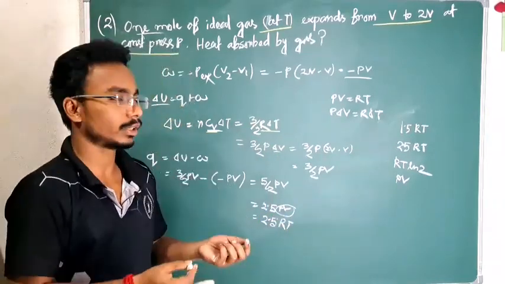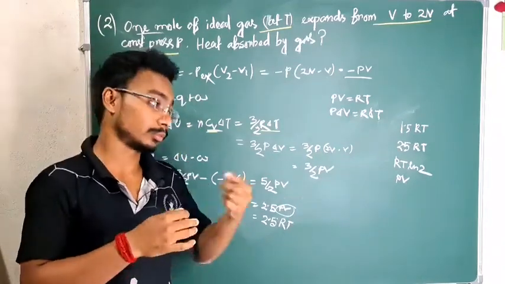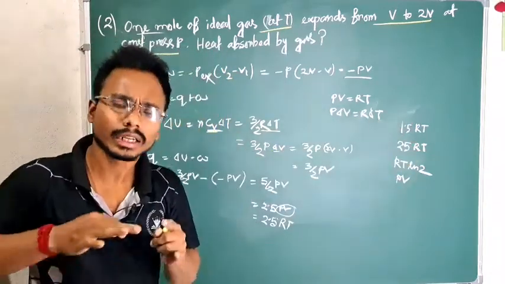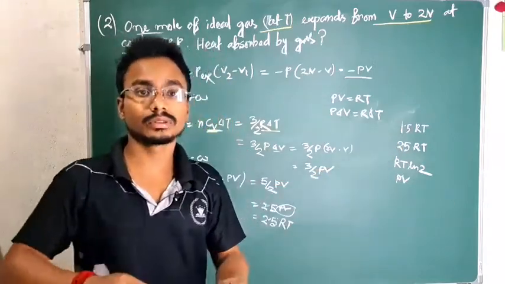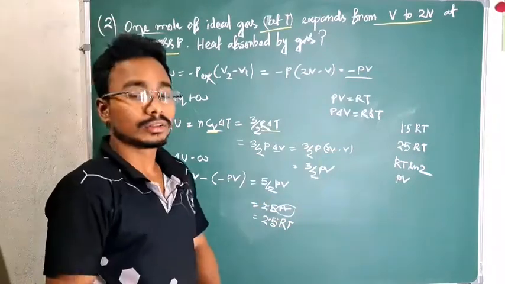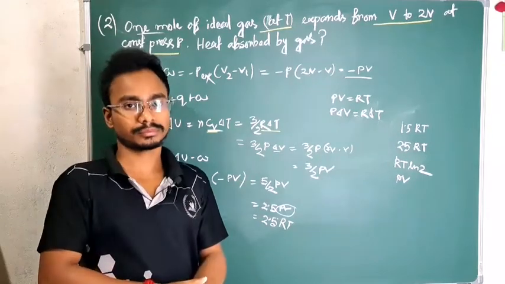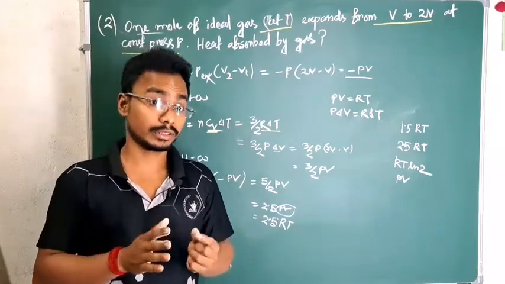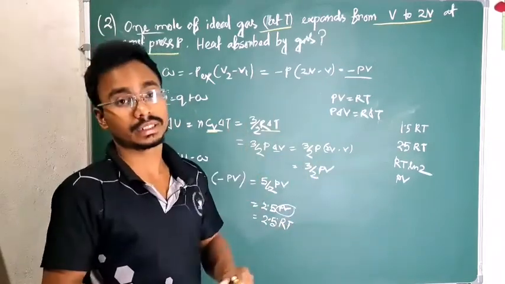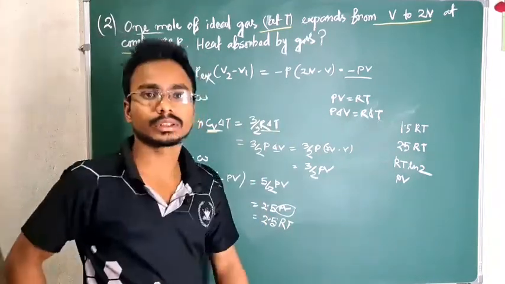Option elimination is a very good strategy to solve more questions, but at least at home you should practice without options. In the examination, you should absolutely do option elimination in MCQs. But for the NAT part, you have to practice like this. Then you will get the answers very quickly. Okay, we will proceed to the next question.